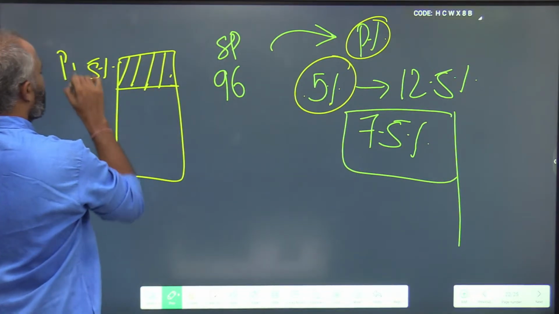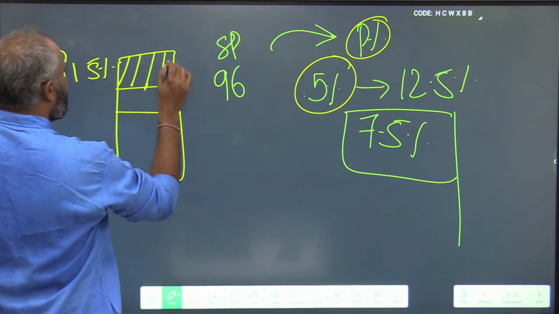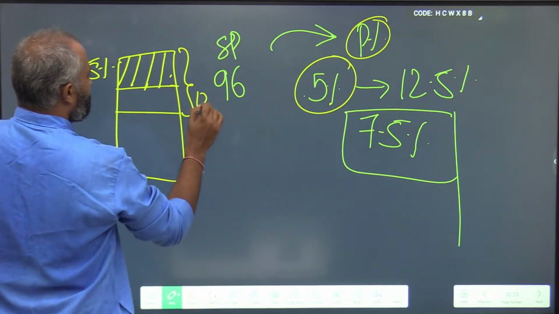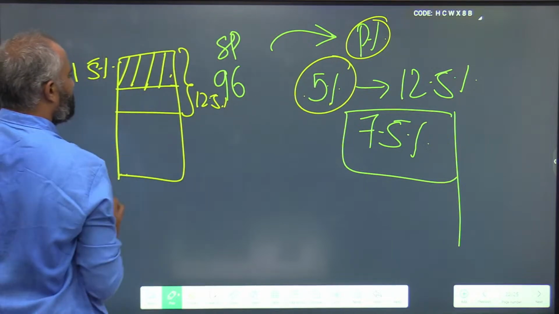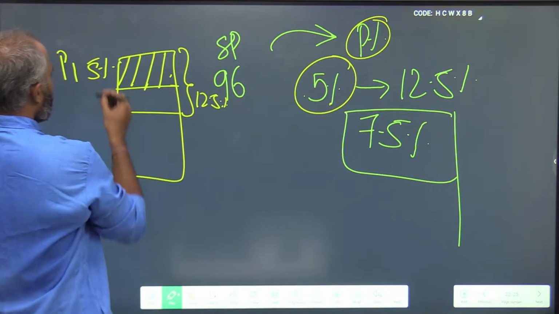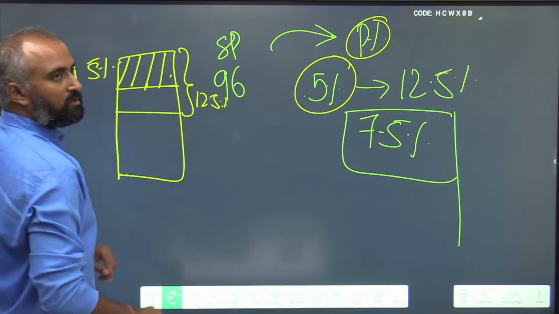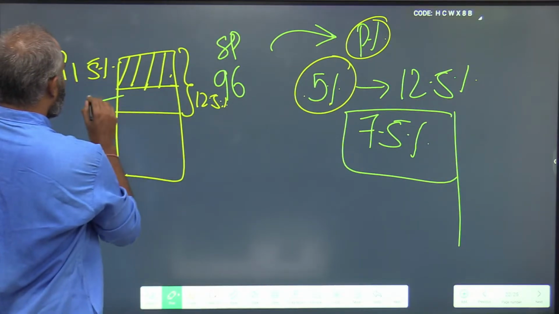This is profit 1. What is 12.5% telling you? 12.5% is the second block of the same cost price, and the difference between this block and this block is nothing but 96.